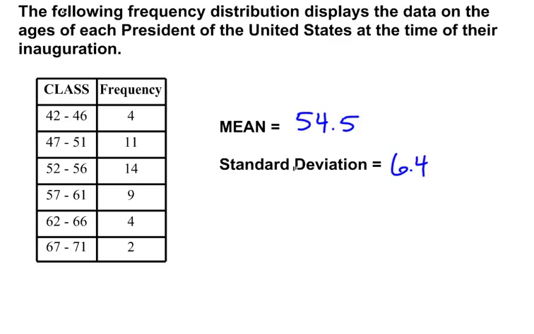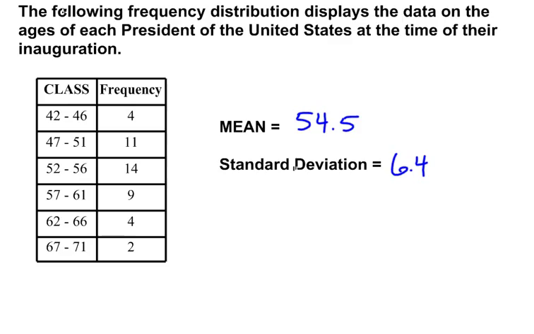We'll get more into later about exactly what this means, but what we're saying is that the average age of a president at inauguration is somewhere around 54.5 years old, and that the values within all those presidents vary from the mean.